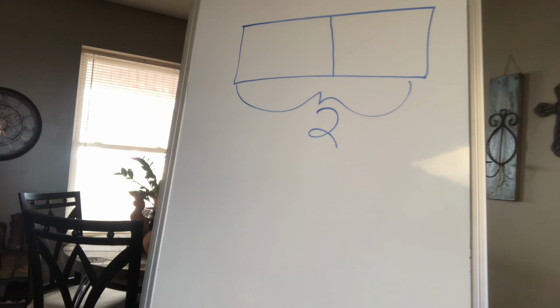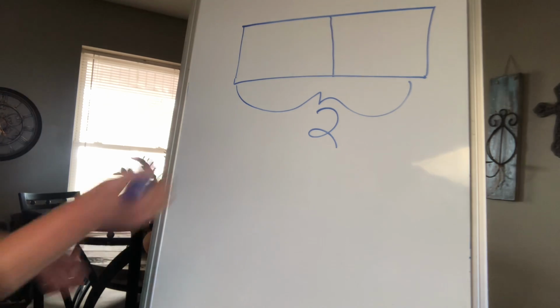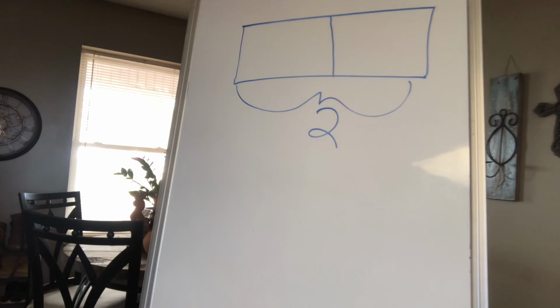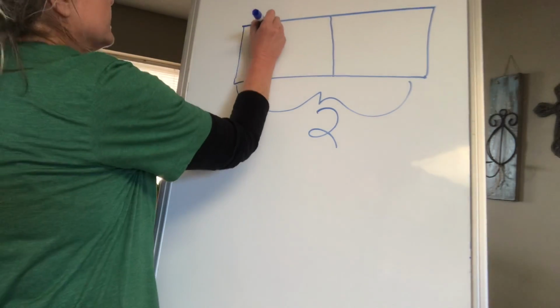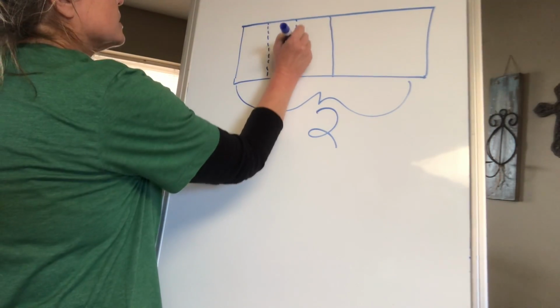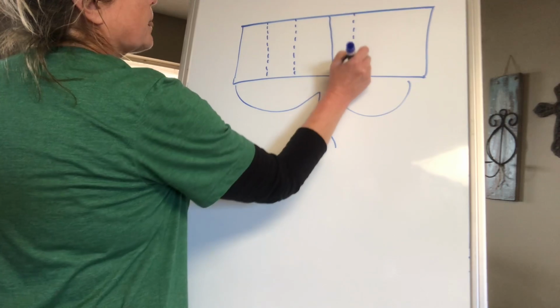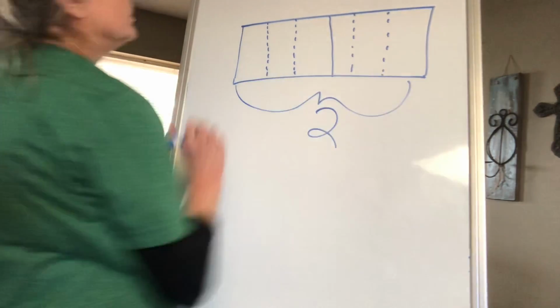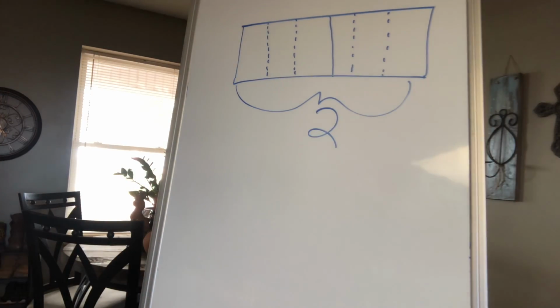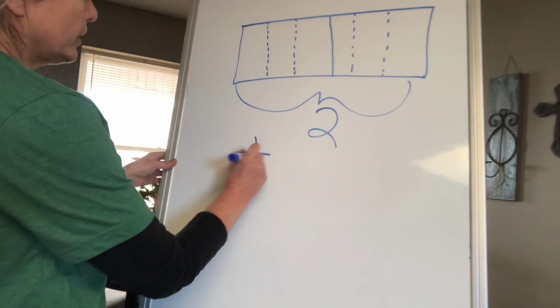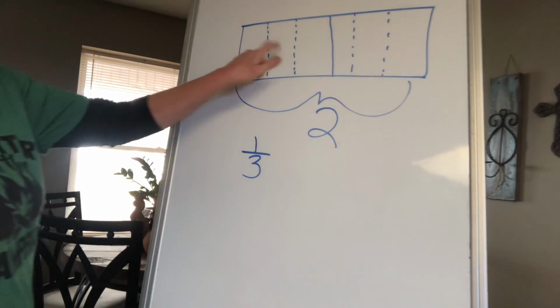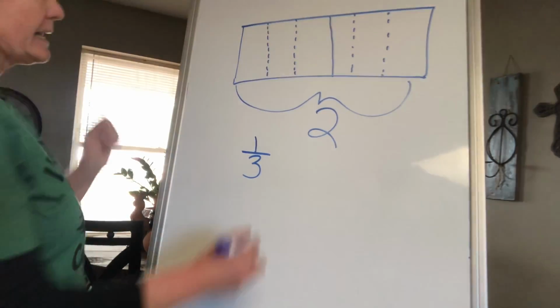And then it says in our little diagram, each of the 2 pounds is divided into thirds. Okay, so each is divided into thirds. So we know that we have, and if we wanted to write this as multiplication, we have 1/3, 1, 2, 3, 4, 5, 6 times.